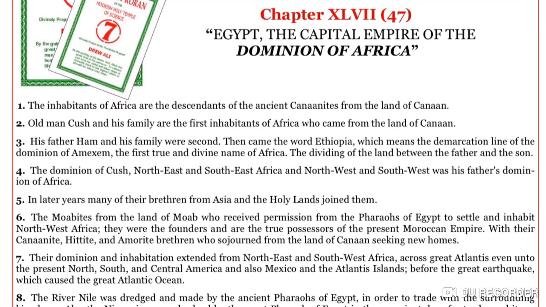And we just finished seeing what Africa really is: the dividing of the land between father and son. The domain of Kush, northeast and southeast Africa, and northwest and southwest was his father's domain of Africa. So you're dealing with a worldly map.